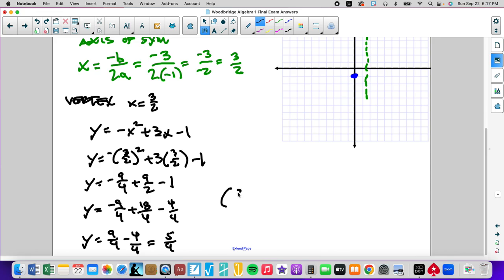So my point is going to be 3 halves, comma, 5 fourths. That's going to be my vertex.